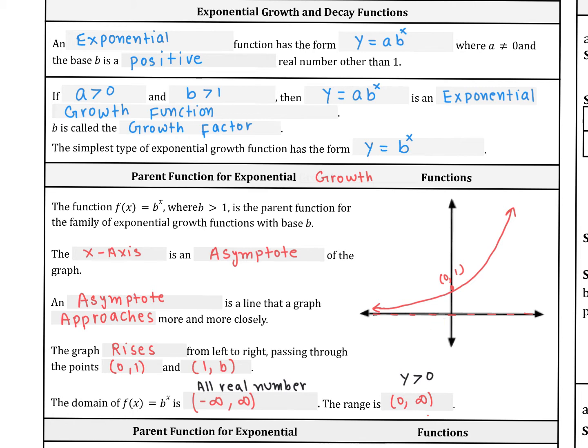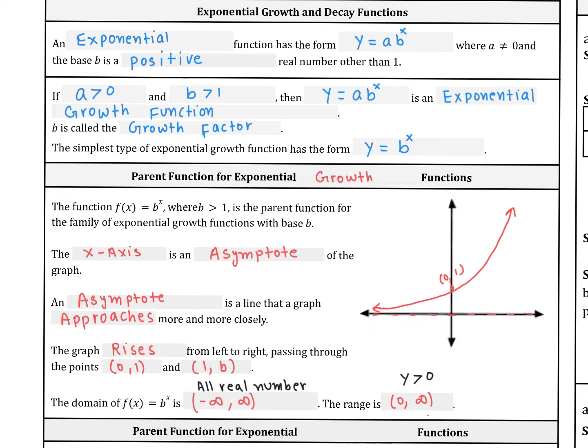If you talk about the domain and range of this graph, you can see that x is approaching negative infinity forever and positive infinity forever. But if you talk about y, it starts from above 0, because down here y is less than 0.